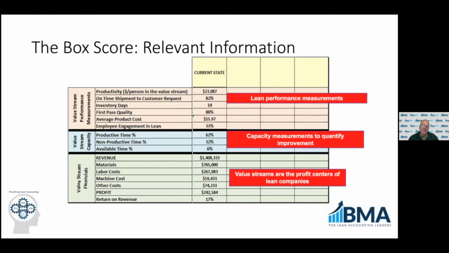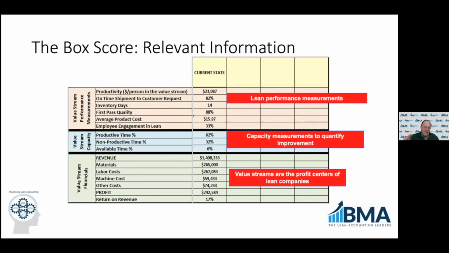Non-productive time: how much time are we spending on all the other activities that don't create value? And the available capacity is how much capacity are we creating through improvement? It's one thing to say we're eliminating waste and creating capacity. We want to quantify it.